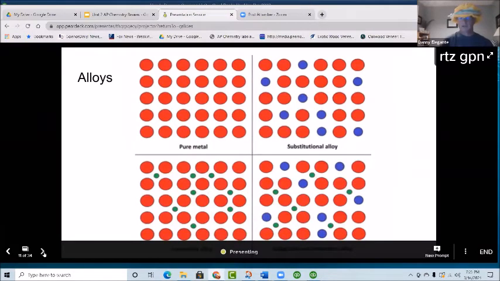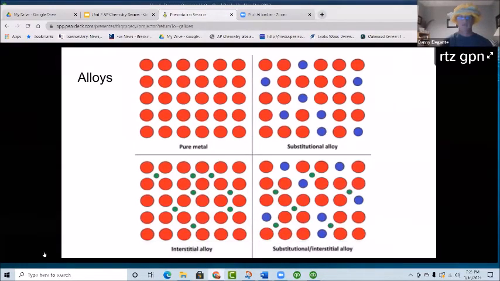The other thing that we learned in Unit 2 is that an alloy is just a mixture of metals. So if you have gold jewelry, it's probably not pure gold. It's probably gold mixed with something else, right? So you can have substitutional alloys and interstitial alloys. The important thing there is that substitutional is where you take out one of the metal atoms and replace it, you substitute in another metal, and they're about the same size.